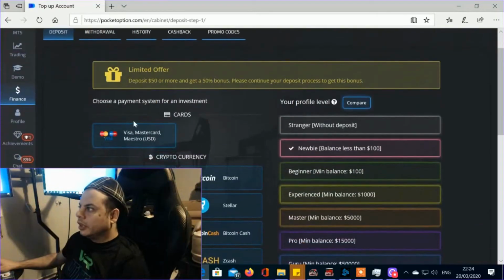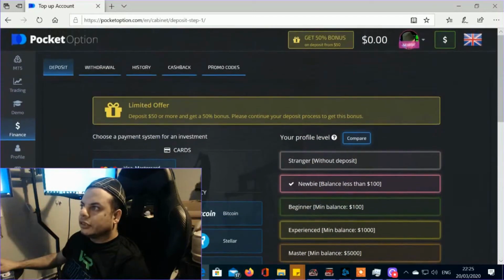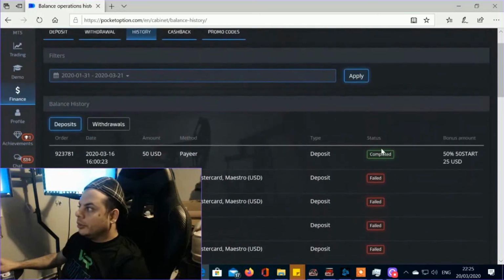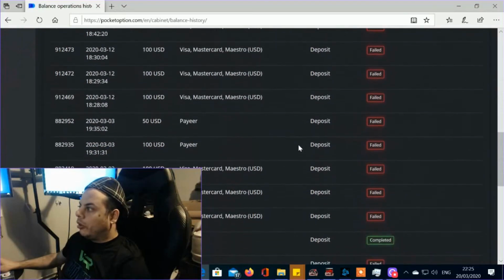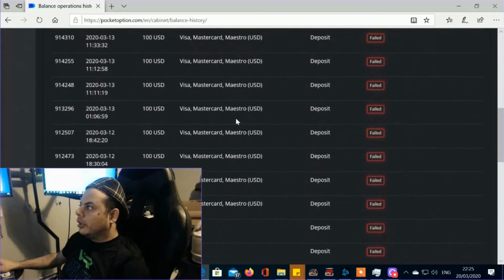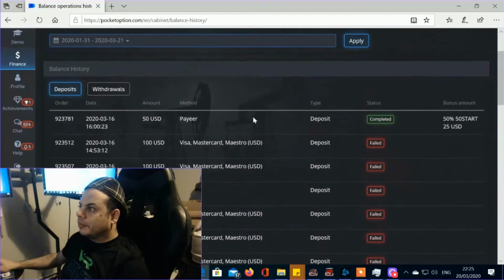If I go into history here, you can see that this was the only deposit I made, barring the first one that I put in from Skrill when I had all that problem and couldn't get it out. But when I went in recently, I used their promotional code and deposited 50 USD from Payeer.